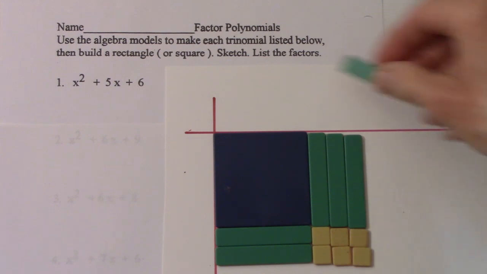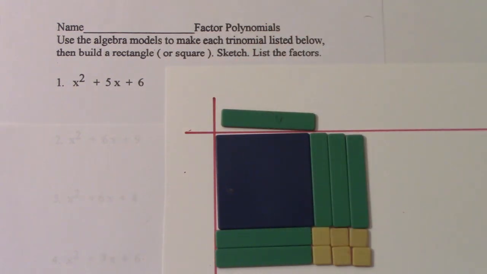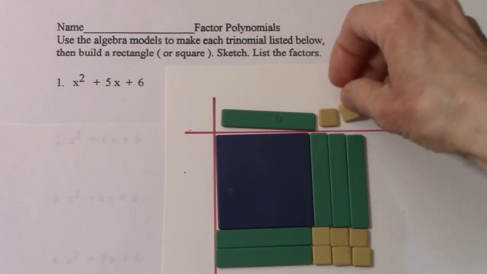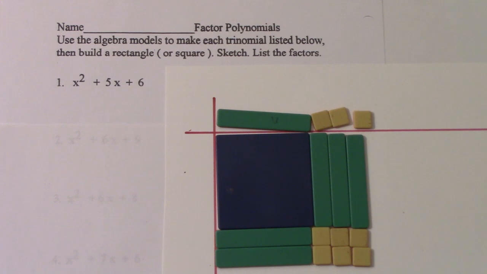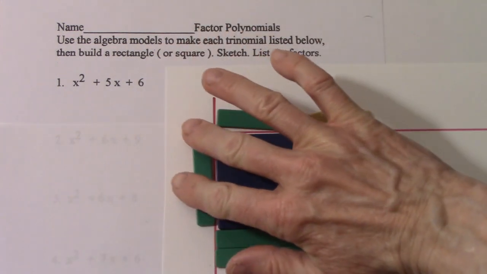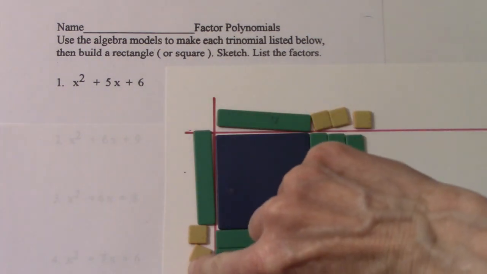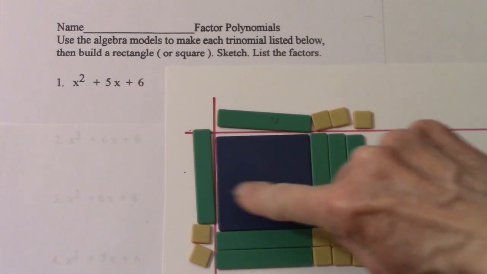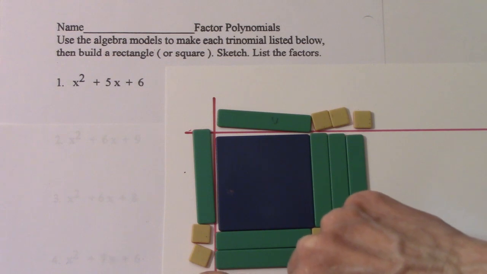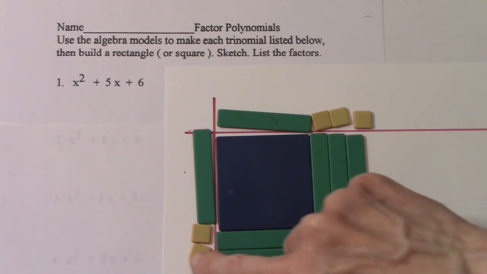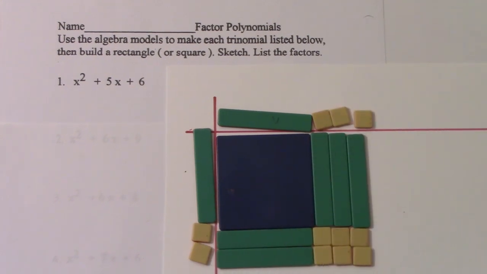So our factors, here's our x plus 3, x plus 2, because x times x is x squared, x times the 1, 2, 3 works right there, and 1 times x is 1, 1 times x is 1, and then we have 2 here and 3 there, and that gives us our 6.